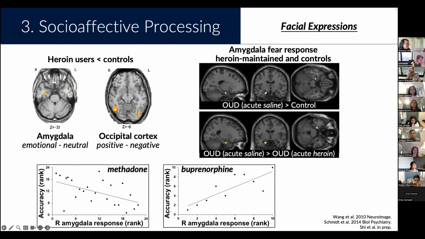We found that for methadone patients, there was a negative correlation, which means that this amygdala response is probably a distraction for them in doing this task. While for buprenorphine patients, there was a positive correlation. We don't really know why, but it looks like different kinds of medication probably have different effects in terms of emotional processing.